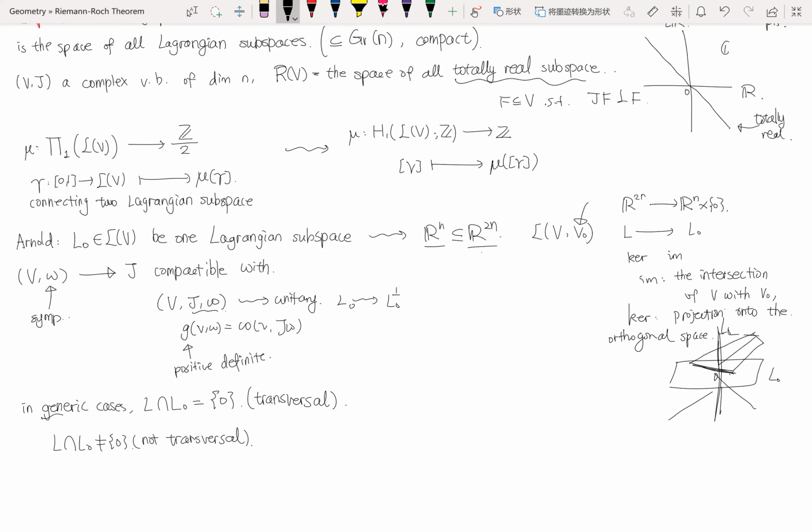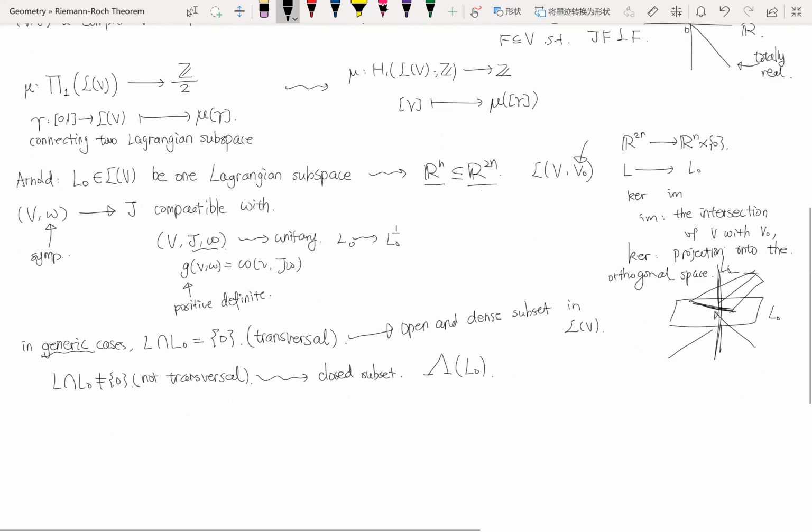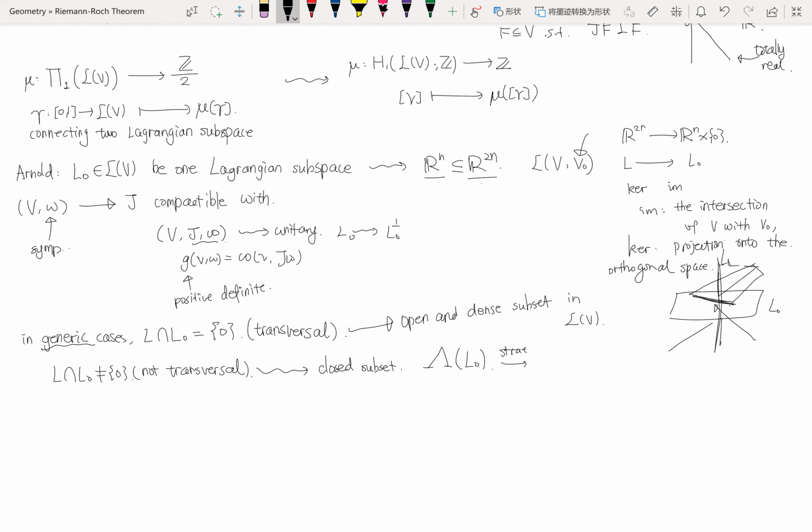Why do we say it is generic? Because it is an open and dense subset in the Lagrangian Grassmannian, and the complement will be closed. So this gives a closed subset, which we denote by lambda of L0.